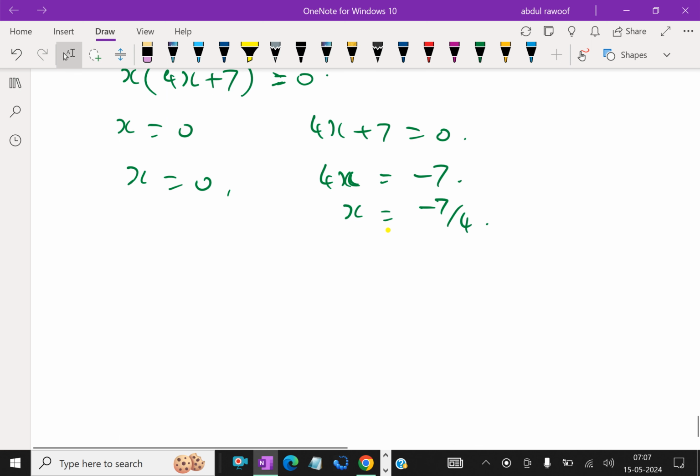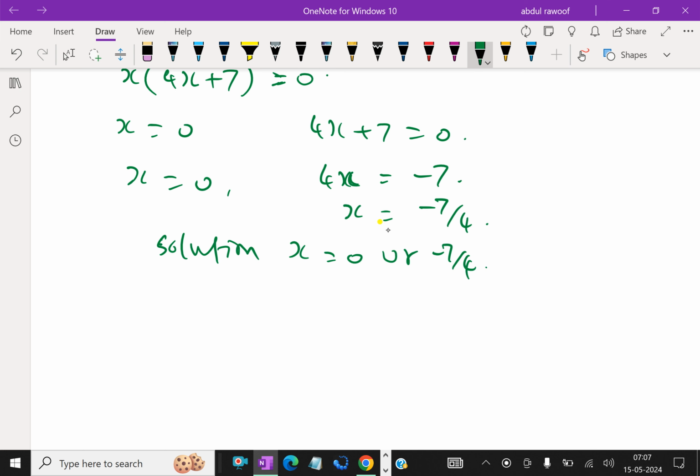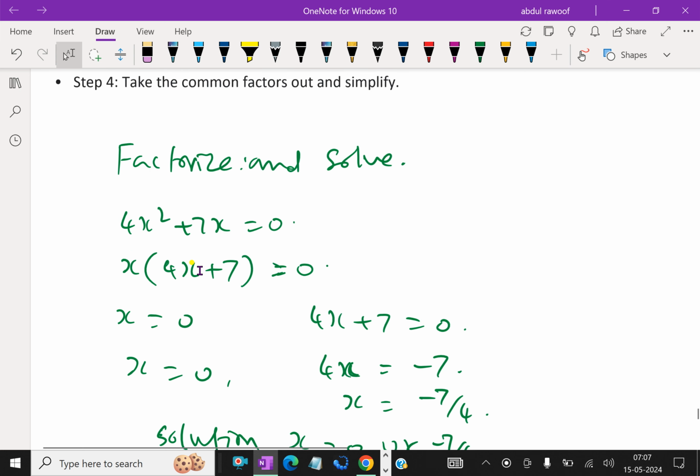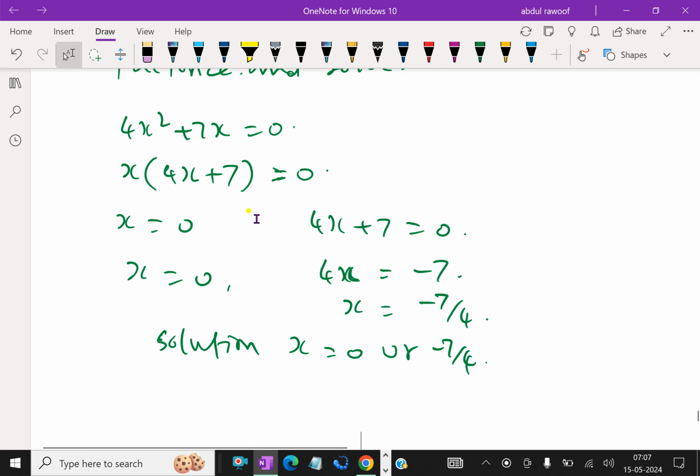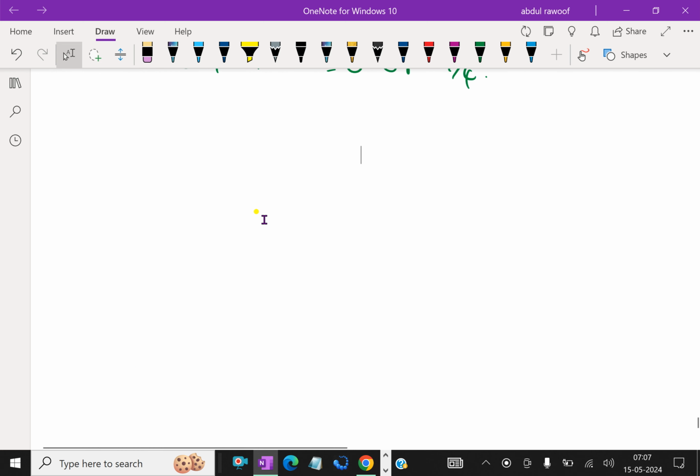Therefore, the solution is x equal to 0 or minus 7 over 4. This quadratic equation has no constant term, but let us do one more example.